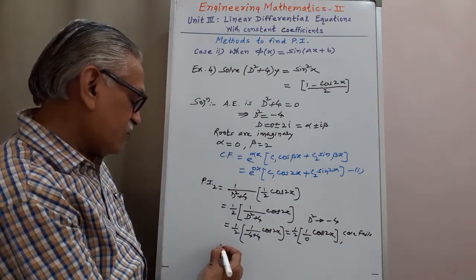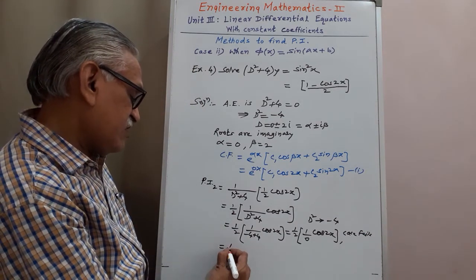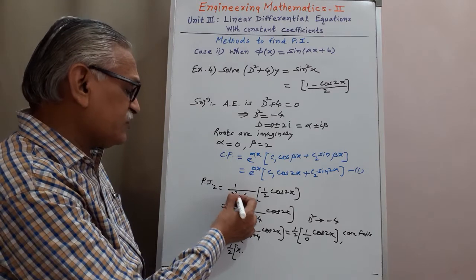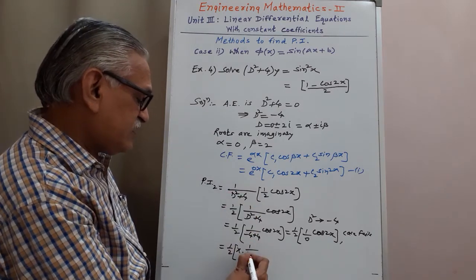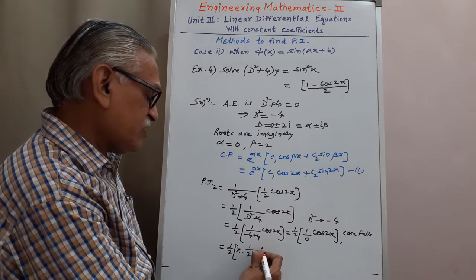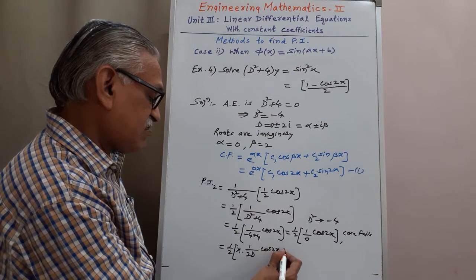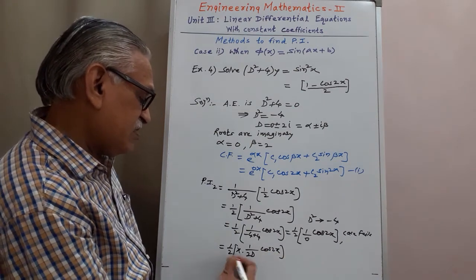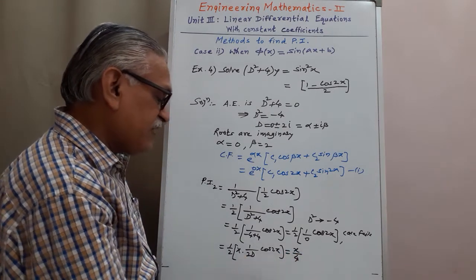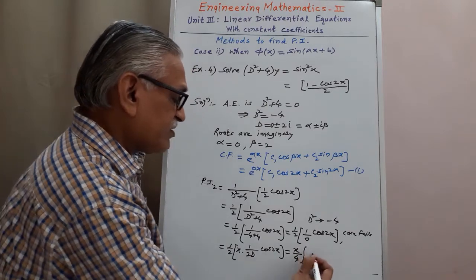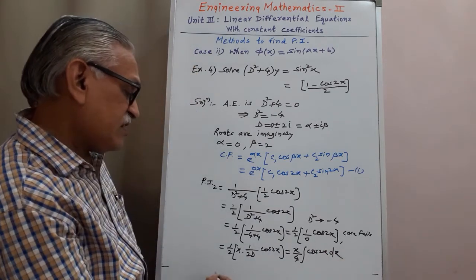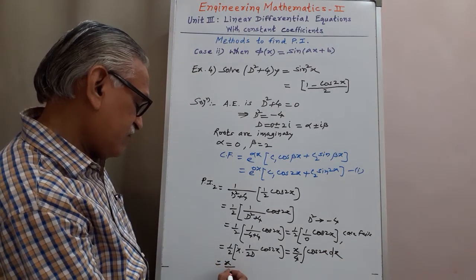And as the case fails, we go to the next step as 1 by 2 as it is, x into, differentiating this with respect to D, we get the derivative of D square as 2D. Operate it on cos of 2x. It is x by 4. 1 by D means integration of cos of 2x with respect to x, and therefore it is x by 4.